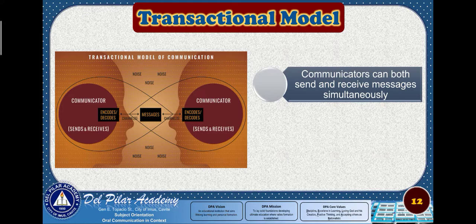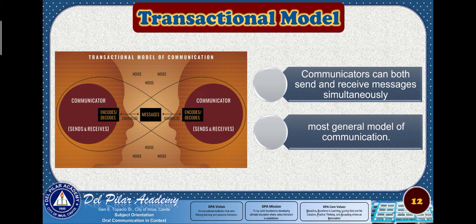So in this transactional model, again, the sender could be the receiver and the receiver could be the sender. Okay, this is the most general model of communication. Now let us find out what model is under transactional.